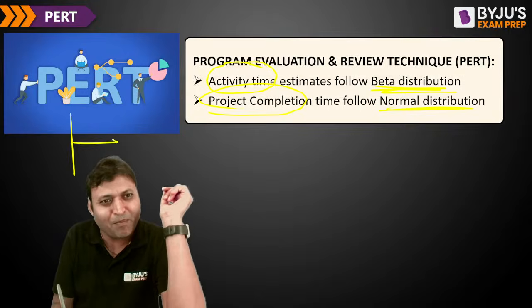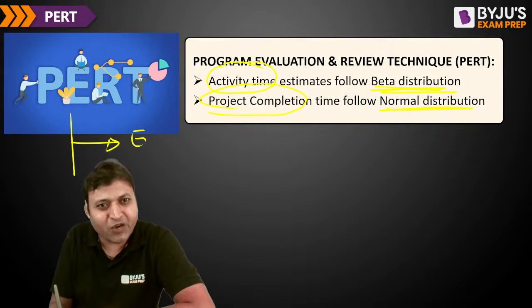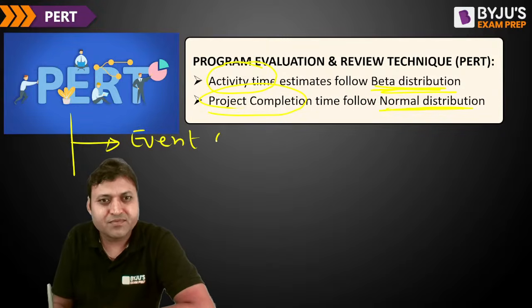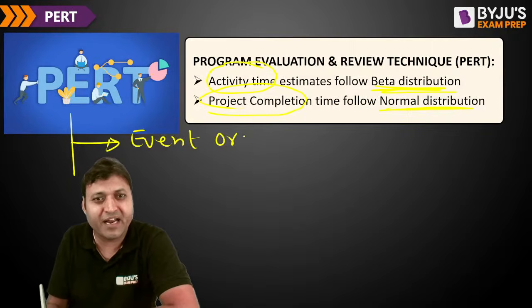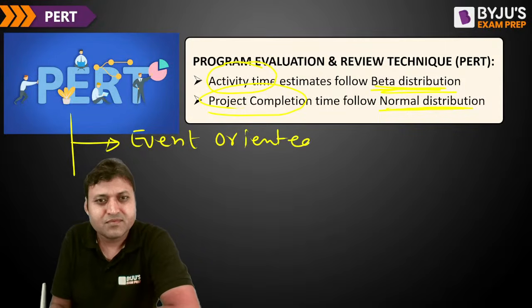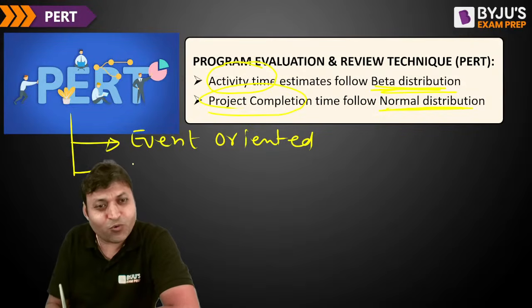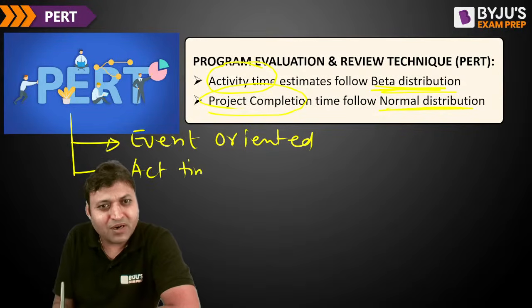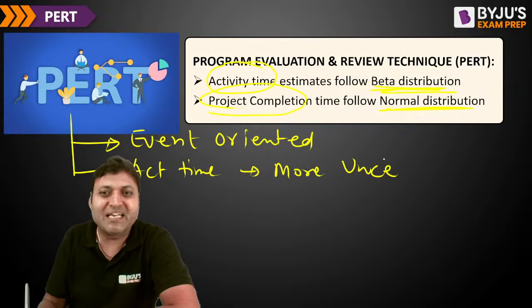You must know about PERT, program evaluation and review technique, which is an event oriented technique. It focuses on the start or finishing of an activity. PERT is used when the activity times are more uncertain. There is more uncertainty, so that is why it is a probabilistic approach.